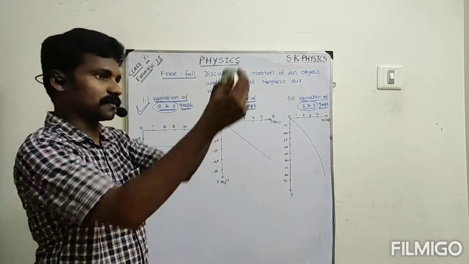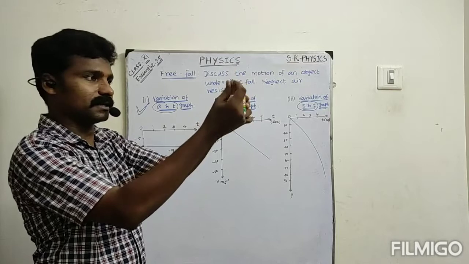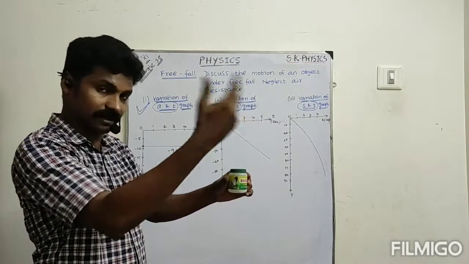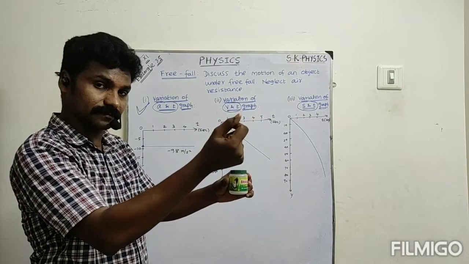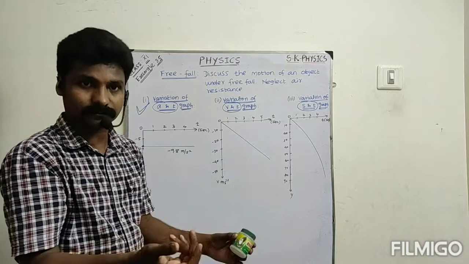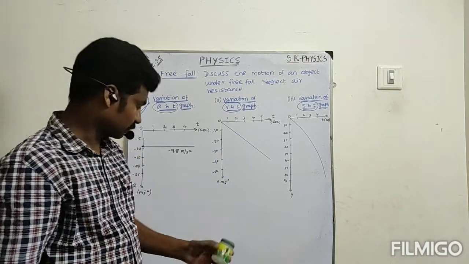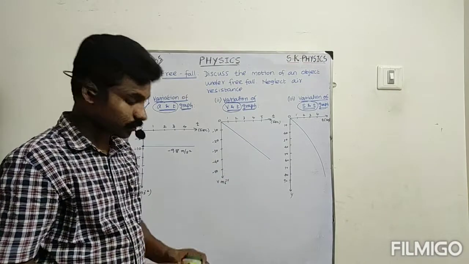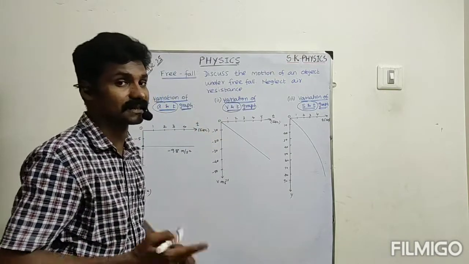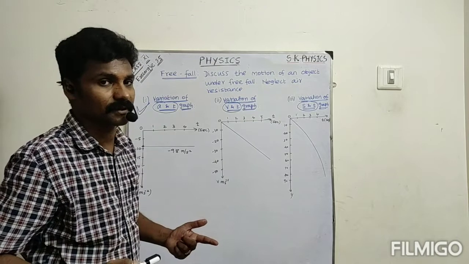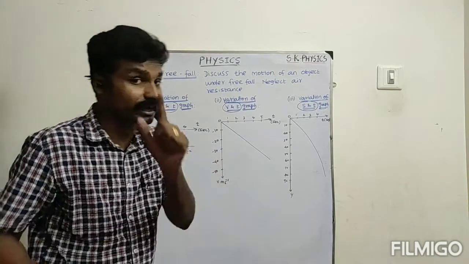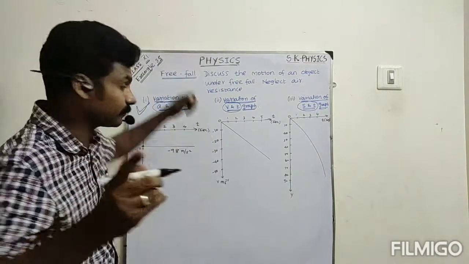So first second 1 meter, second 3 meters, third second 5 meters. Like that, odd numbers will come. So the distance covered by the object is gradually increasing. It is not uniform. Gradually increasing means how will the graph come?